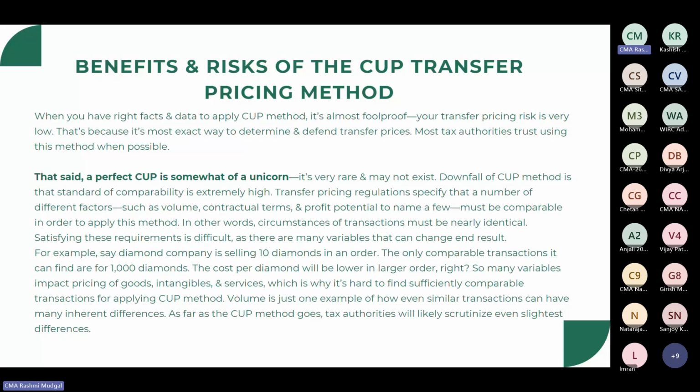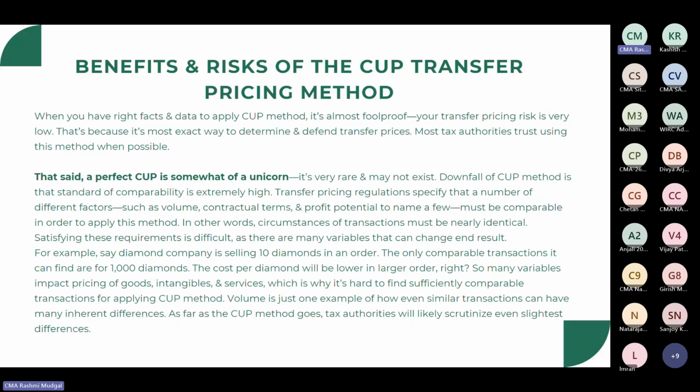Transfer pricing regulations specify that a number of different factors, such as volume, contractual terms, and profit potential, to name a few, must be comparable in order to apply this method. In other words, the circumstances of the transaction must be nearly identical. Satisfying these requirements is very difficult, as there are many variables that can change the end result.